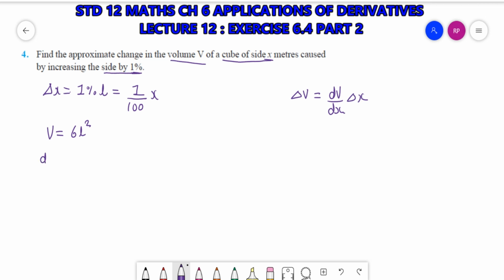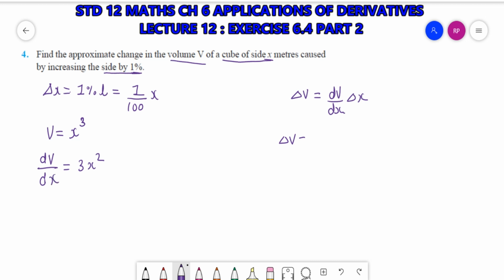Sorry, the volume is L cube. That was the formula for surface area of a cube. So volume is L cube, so dV by dL will be equal to 3L square. Now putting this value, sorry, again I made a mistake, it's x cube. I used to take the symbol x.